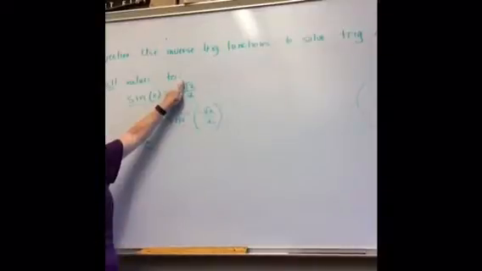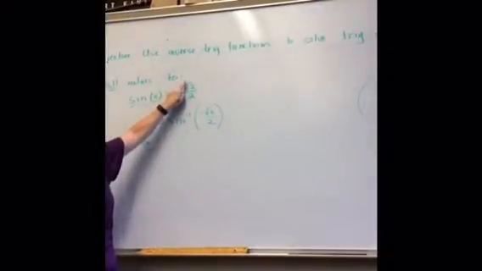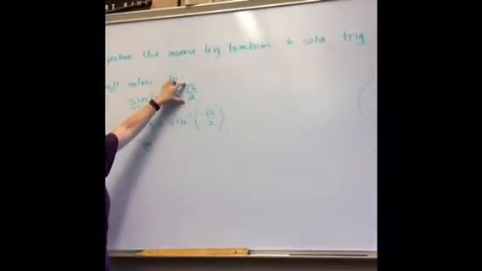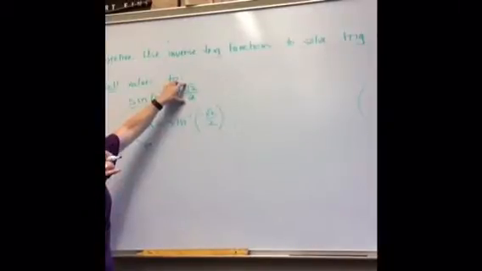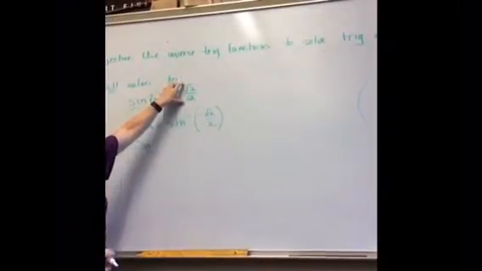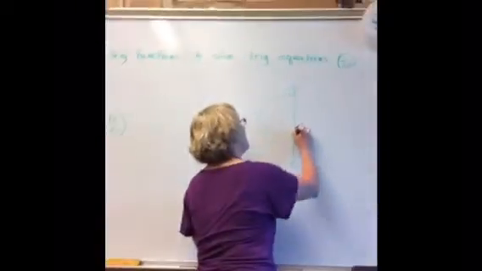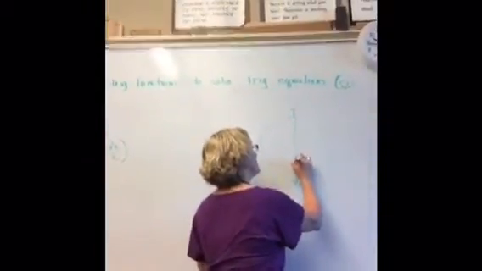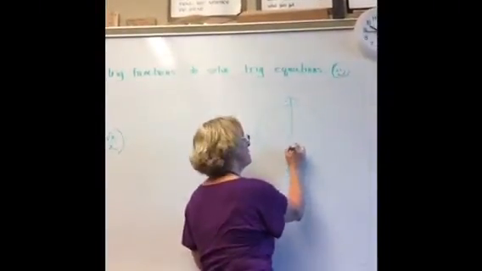It's a y value, right? So we're looking for y values that give us negative square root of 2 over 2. If I go down on the y-axis, negative square root of 2 over 2 is going to be somewhere down in here, right?